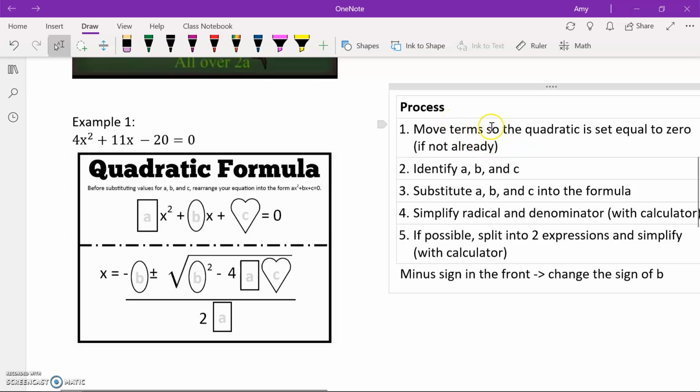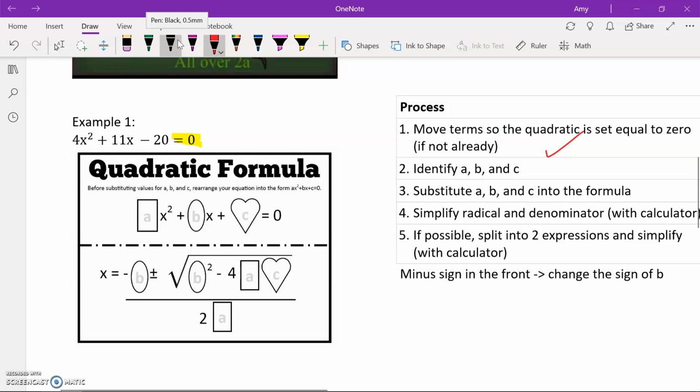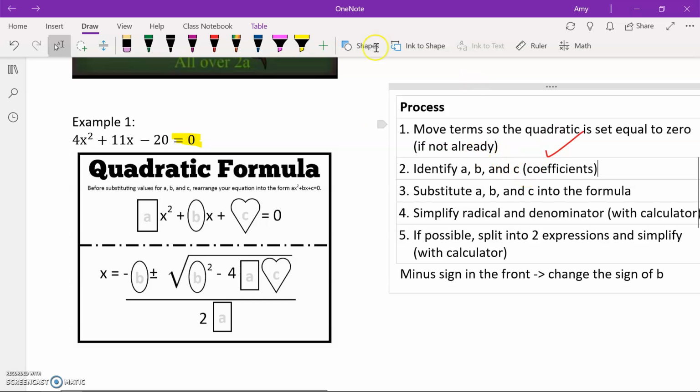So our first step is to move terms so the quadratic is set equal to 0. I do see equals 0 over here, so our first step is done. Our next step is to identify A, B, and C, which are our coefficients. So remember that word, coefficients.